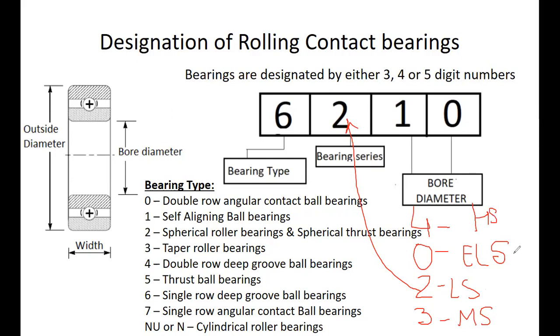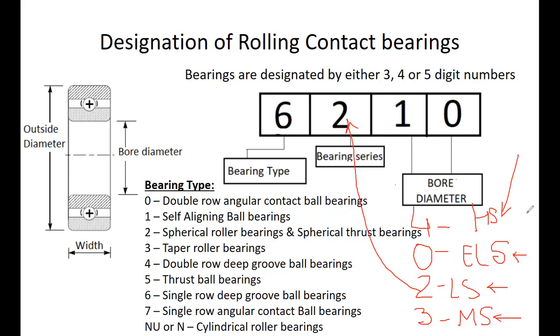So guys, obviously the very less load will be taken by extra light series. Then light series will be able to take less load. Medium series will be able to take medium load, and very heavy load will be able to be taken by the heavy series bearing. So guys, you should know what is the meaning of this second digit from your left or third digit from your right.